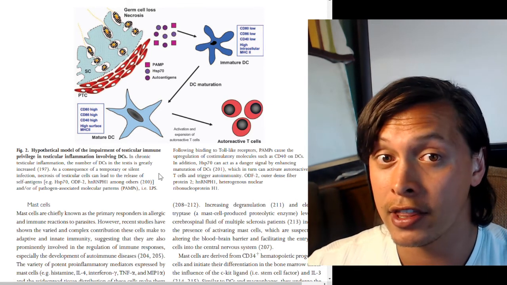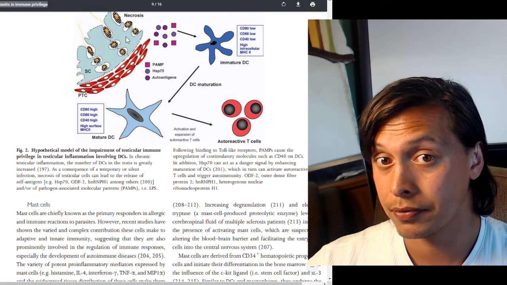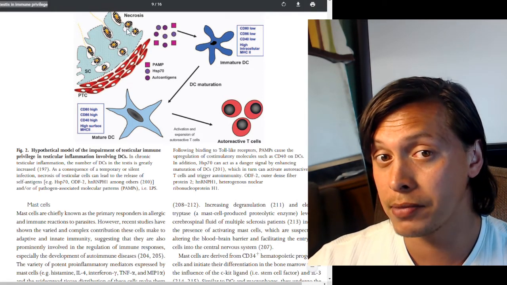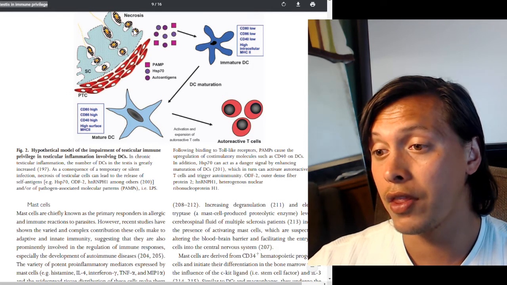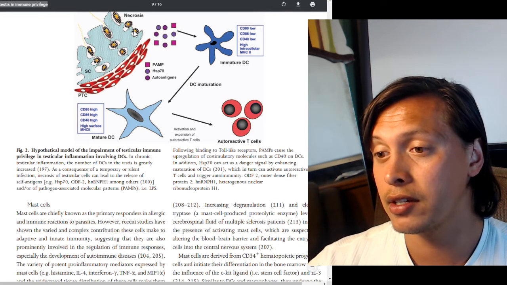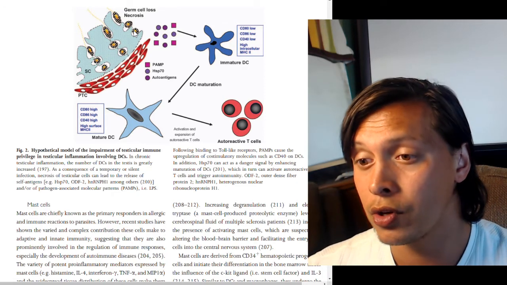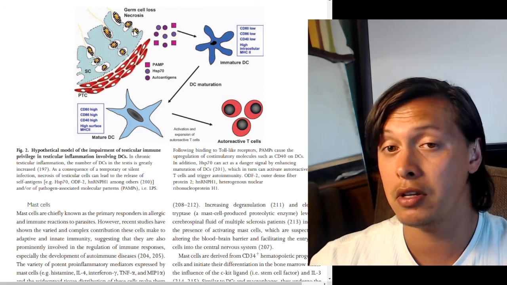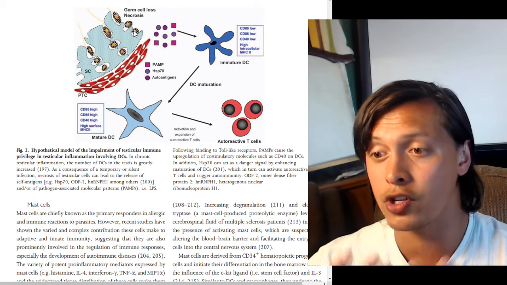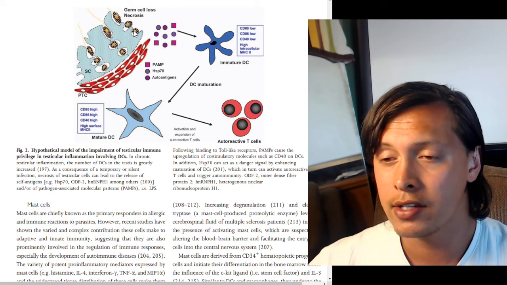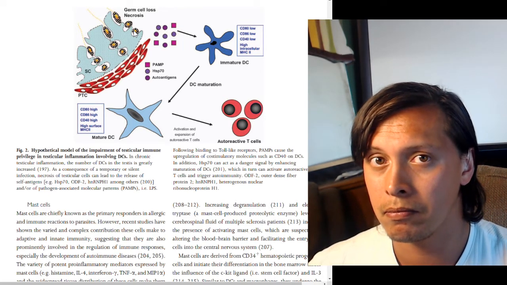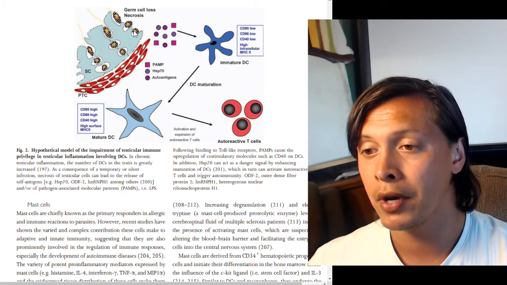And I should also mention that these germ cells here are the highest expressing cells in the human body of the ACE2 receptor. So germ cells are the most ACE2 positive cells in the human body, right?